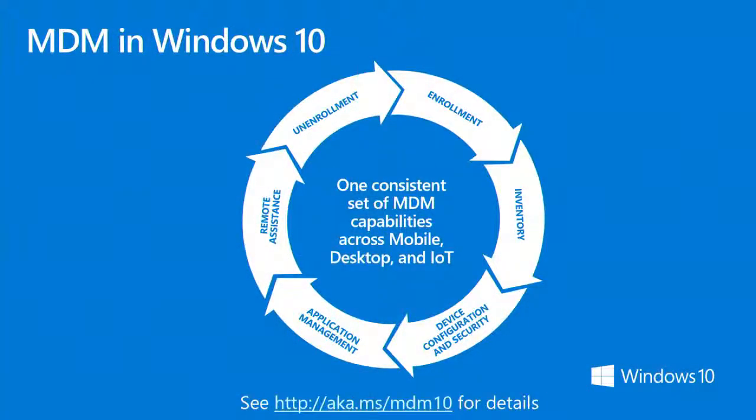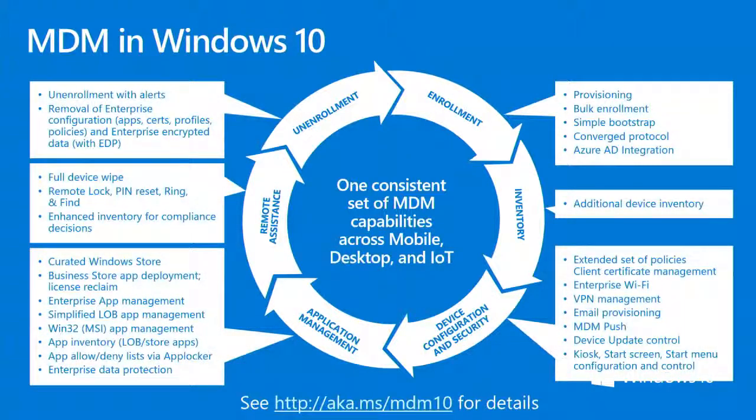The types of things that we're looking to add, first, we want to have consistency across all of our different OSs. Mobile, desktop, and even IoT will have the same MDM capabilities. And then we'll expand beyond that in all parts of the life cycle. From the initial enrollment perspective, where we want to make things as simple as possible, through the inventory, the configuration, the app deployment, all of these new capabilities will be added into what's being provided in Windows 10.